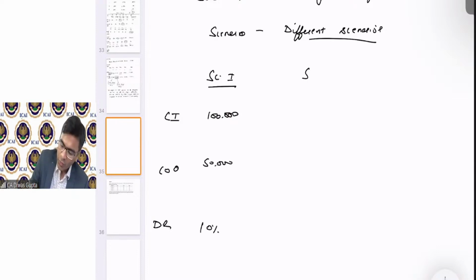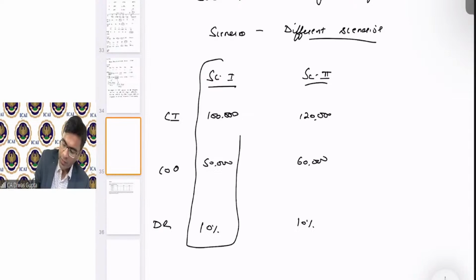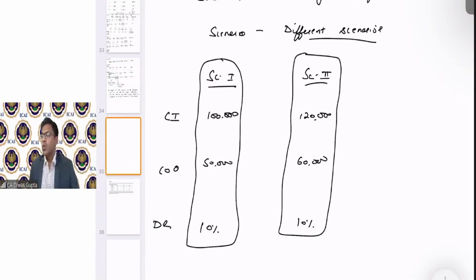Here scenario two will change all the parameters, all the inputs: 1,20,000, 60,000, and let's say it remains the same. So this is one scenario and this is another scenario. We have to calculate NPV for this as well. That is where scenario analysis comes in. And then we have to compare both the scenarios. Okay. I hope this is clear.